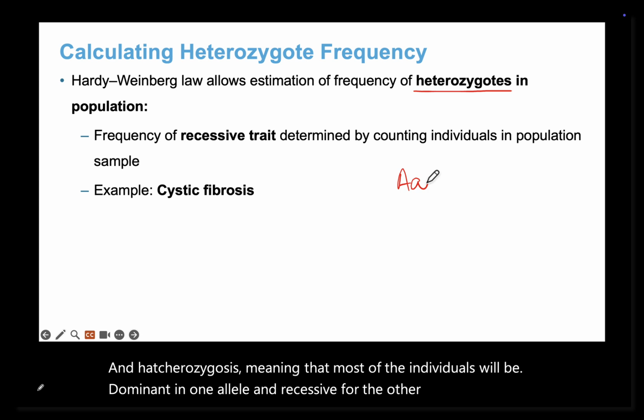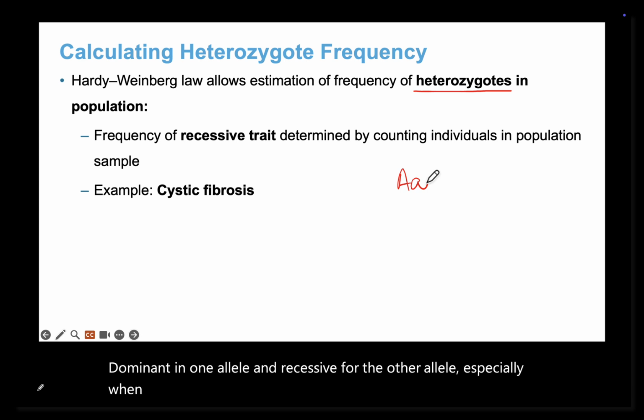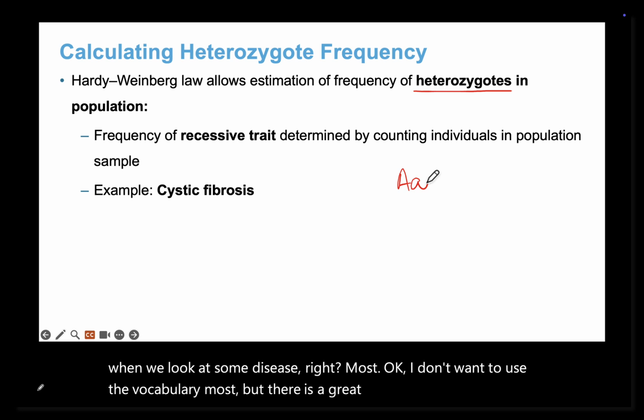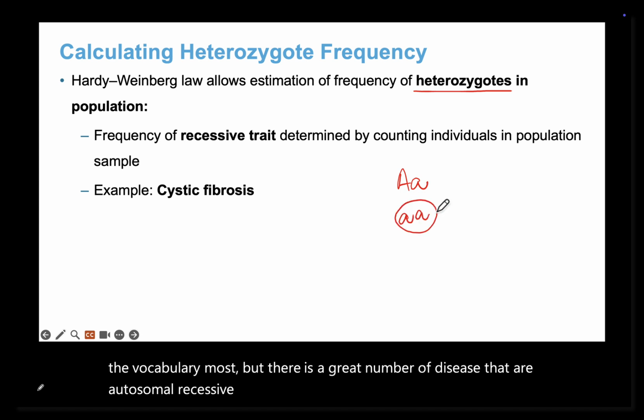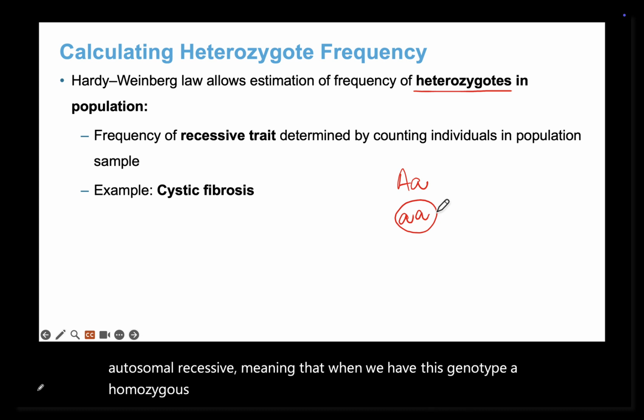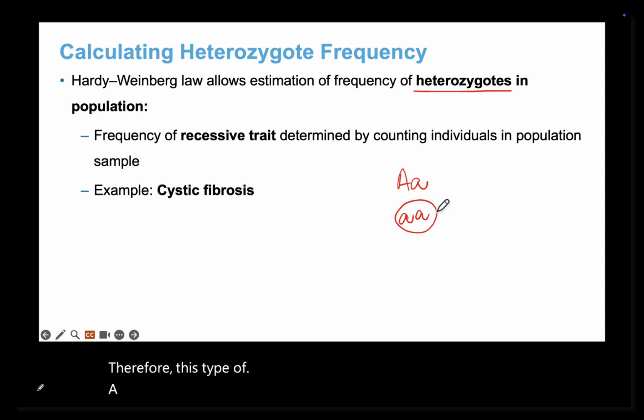Especially when we look at some diseases, right? I don't want to use the word most, but there is a great number of diseases that are autosomal recessive, meaning that when we have this genotype, a homozygous recessive, those diseases are manifested. Therefore, this type of genotype is actually selected against, and over generations, the frequency of this genotype is reduced.